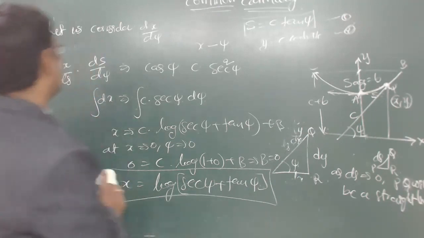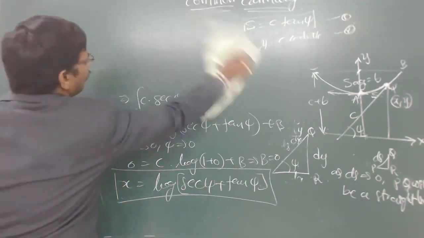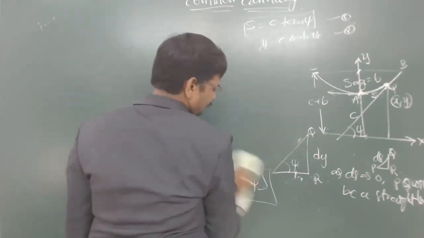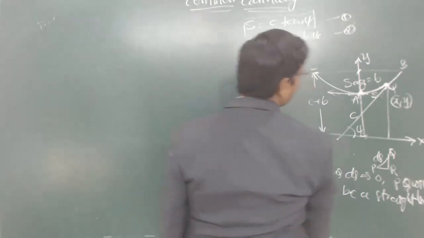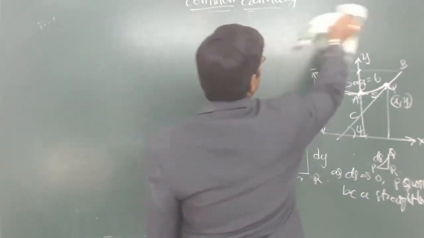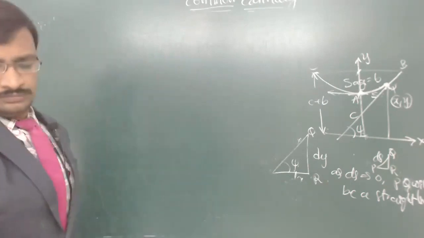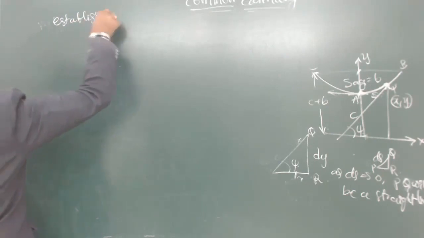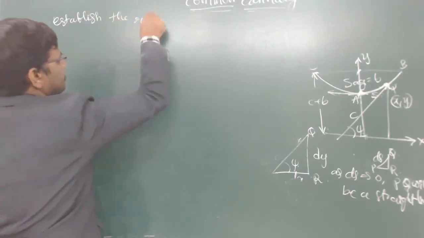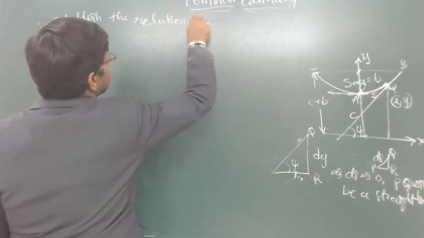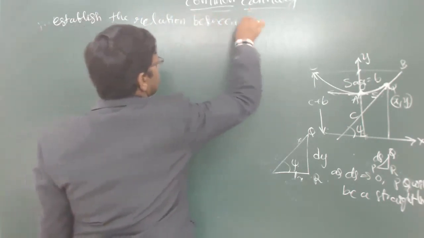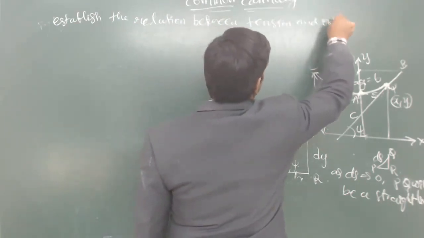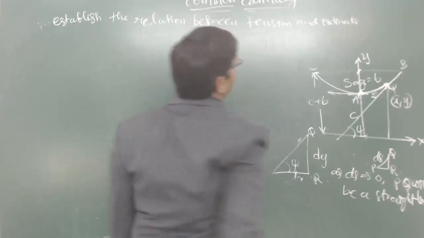But try to establish the relation between tension and ordinate. Ordinate is nothing but y. So the relation between the value of y and the tension. Or if I randomly give you any y value, then you should be able to tell the tension at that particular point. Tension and ordinate.